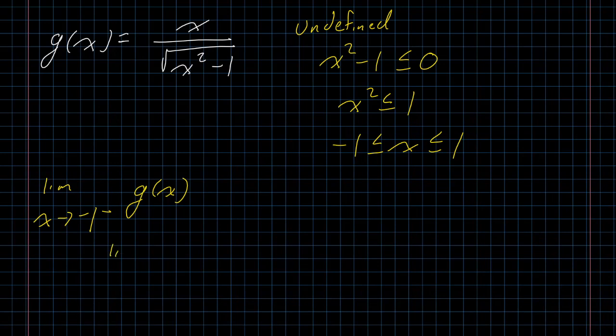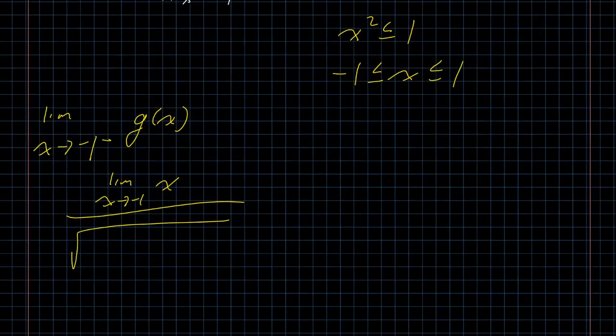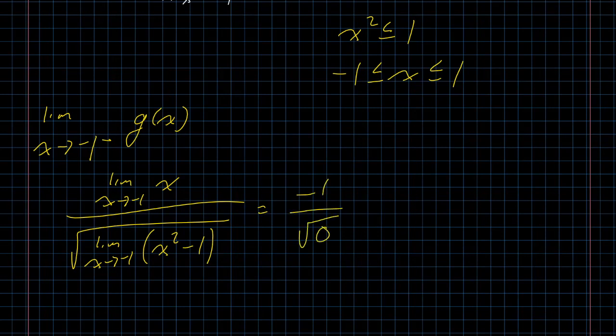We can have the limit as x approaches -1 of x in the numerator, and in the denominator we can have the square root of the limit as x approaches -1 of x squared minus 1. And when we take that limit, we are going to get -1 over the square root of 0, which is undefined, which tells us that this limit does not exist.